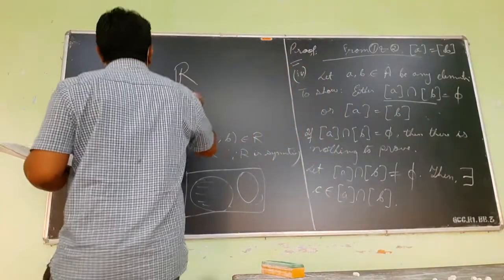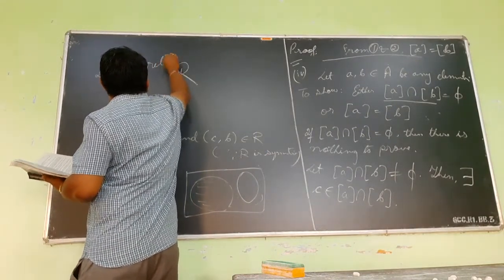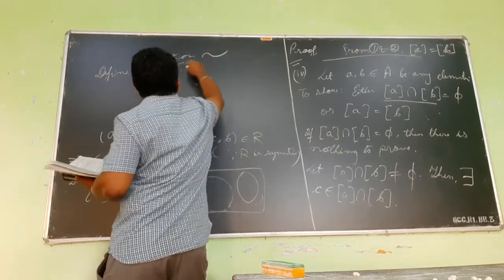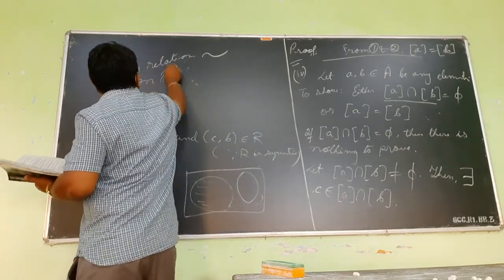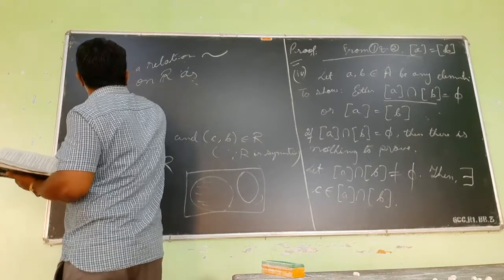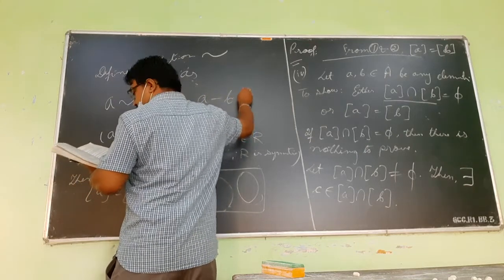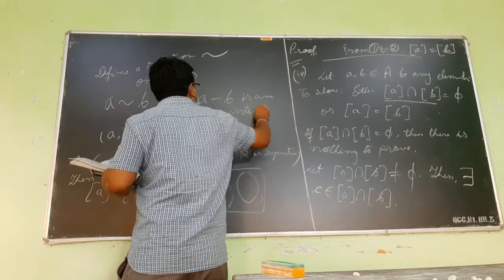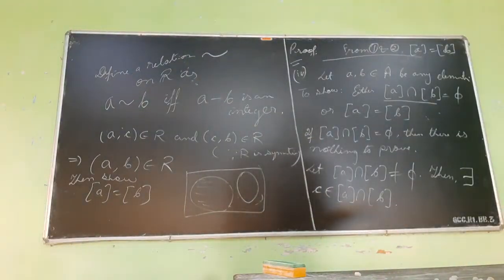Define a relation, this similarity symbol, on R as: A is related to B if and only if A minus B is an integer.